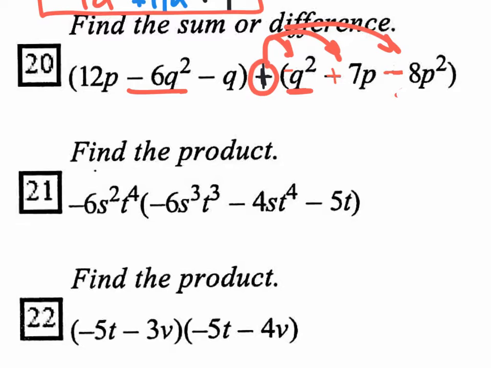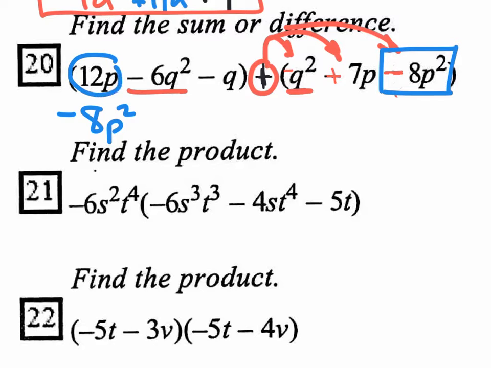So let's start with P's. I have negative 8p squared, and there's nothing else to combine it with, so let me just write it here, negative 8p squared. And then we go to the 12p and combine the 12p with the 7p. 12 plus 7 is 19p, positive 19p.